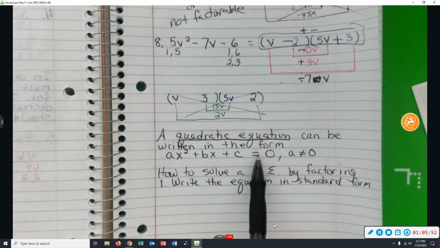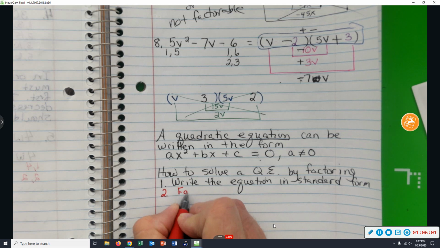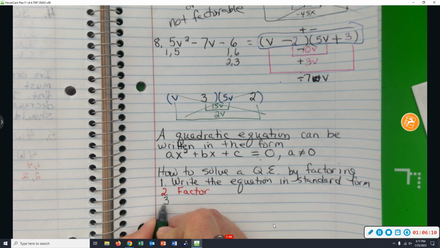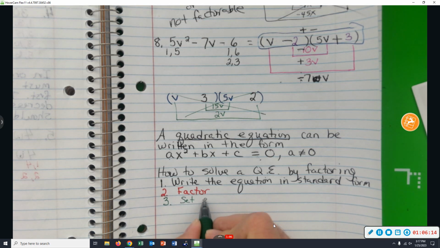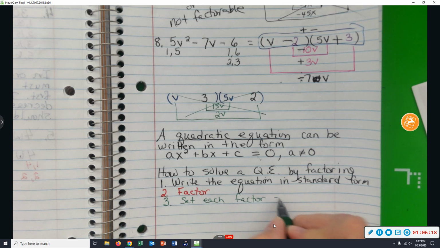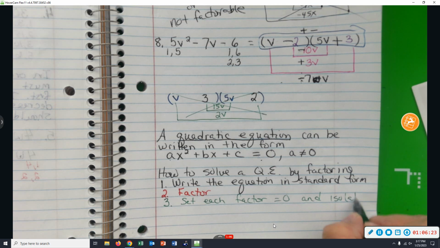Equals 0 with a 0 on one side. Second step, you factor. That's what we've just been doing. And once you've factored, set each factor equal to 0 and isolate the x.